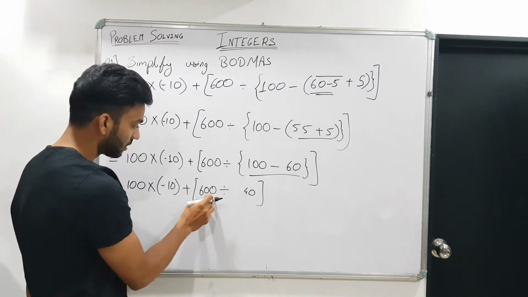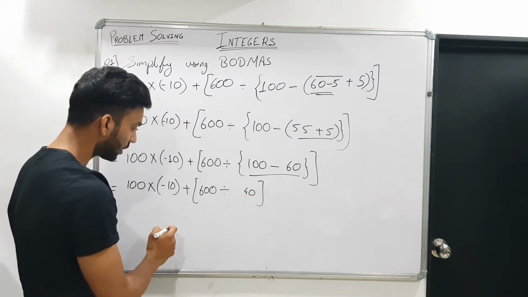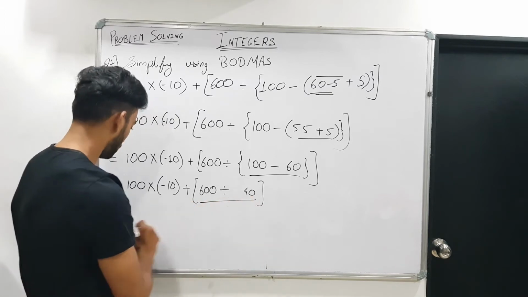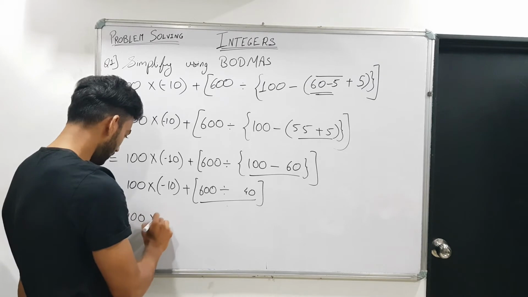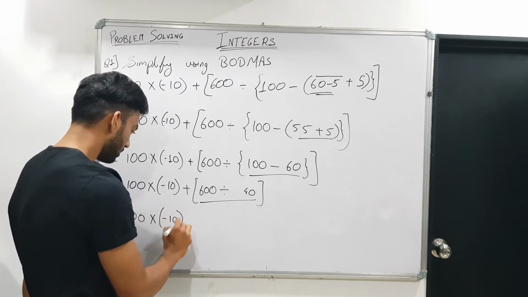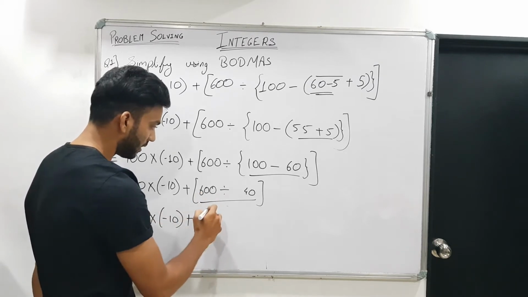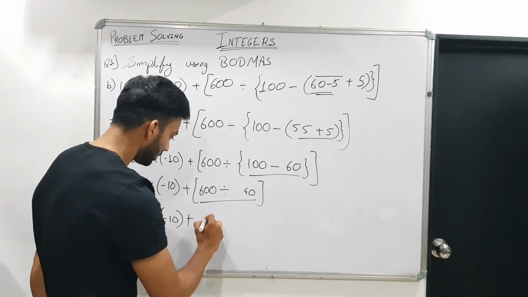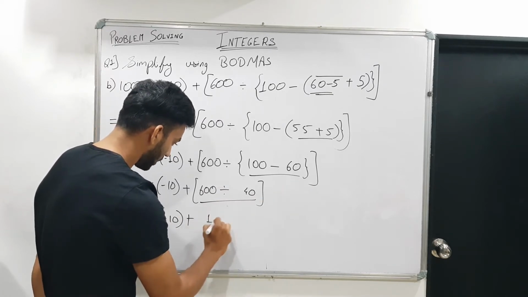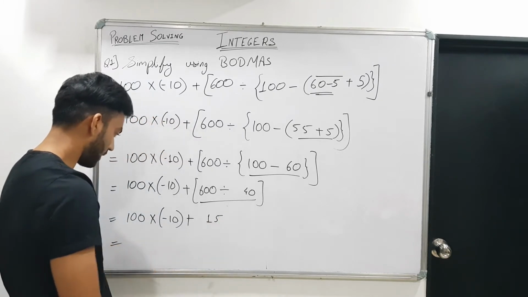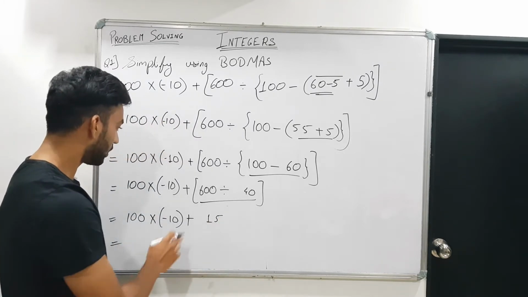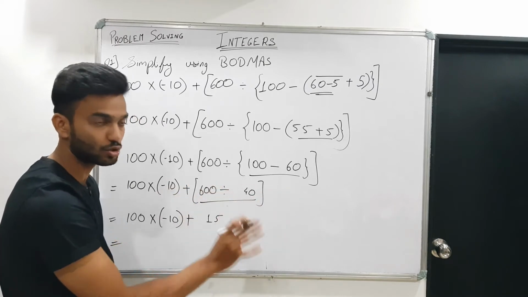Now we'll be solving this part. So division, and it is inside the bracket, so we are solving the bracket actually. 600 divided by 40, you can do the rough work if you want. We have 1, 5, 15 is that, and now again this all the brackets are solved.